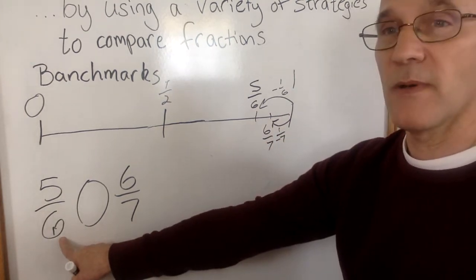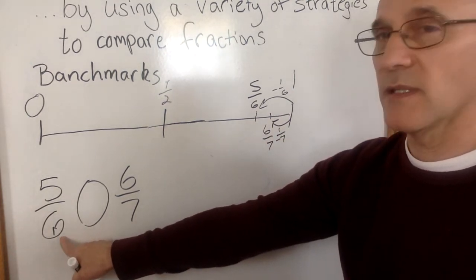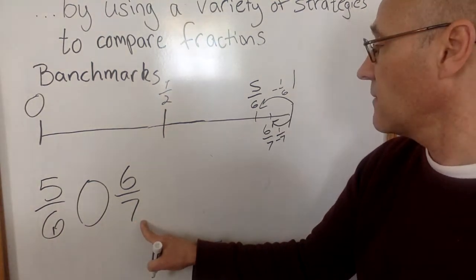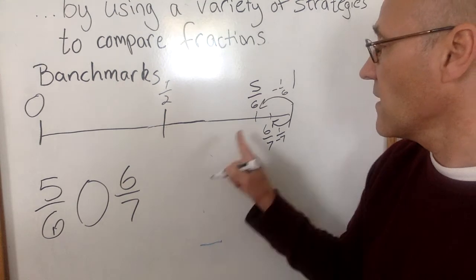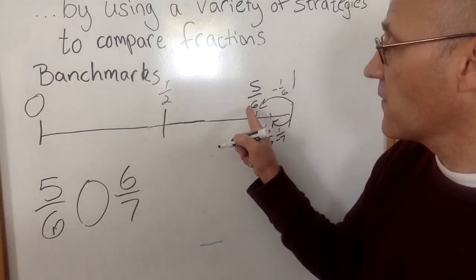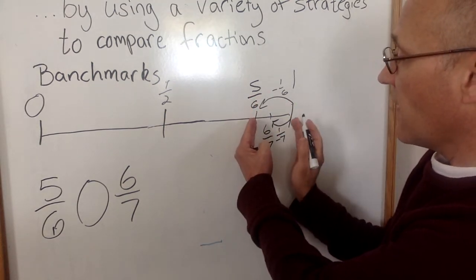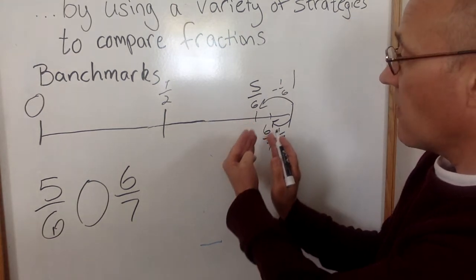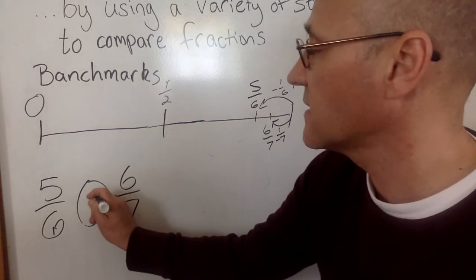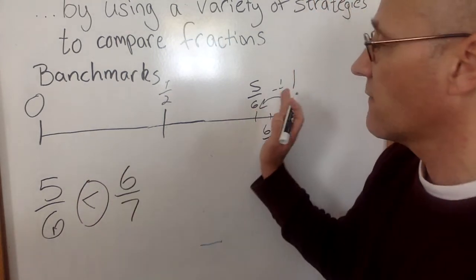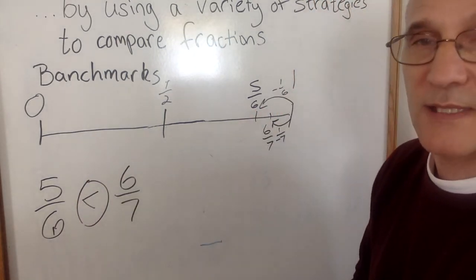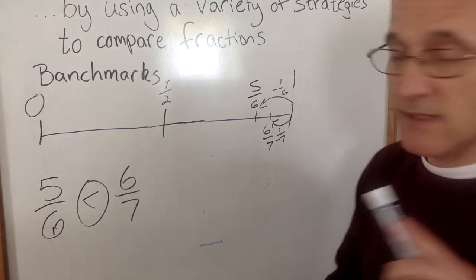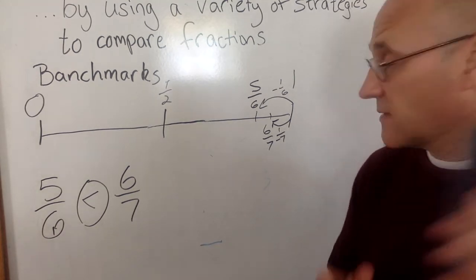Because if I partition into 6 equal pieces, the pieces are going to be larger than if I partition into 7 pieces. They're going to be smaller. So 5/6 is further from a whole than 6/7 is, so it is less. It's closer to 0 or further from one whole. It is less than 6/7.